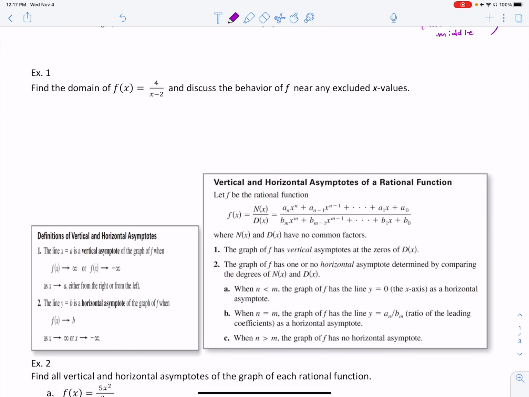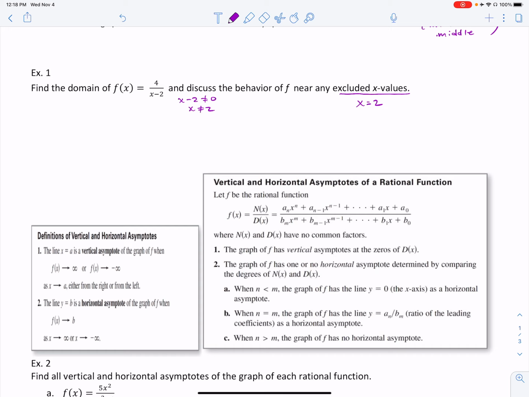Find the domain of y is equal to 4 over x minus 2, and discuss the behavior of f near any excluded x values. Right here, the denominator cannot be 0, so that means x cannot be 2. So the excluded value is 2.